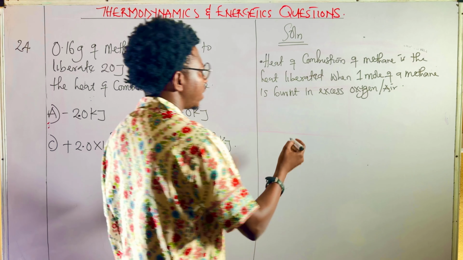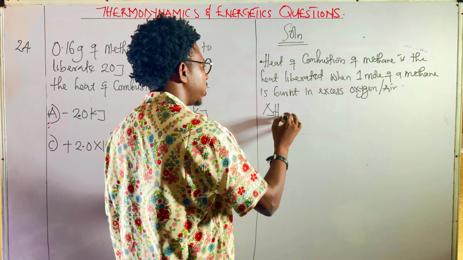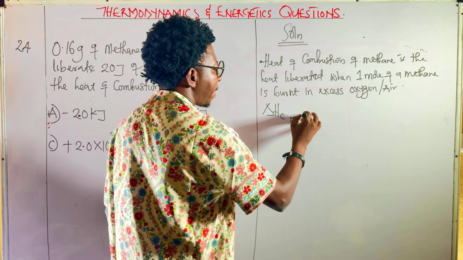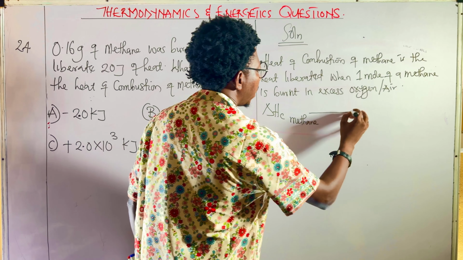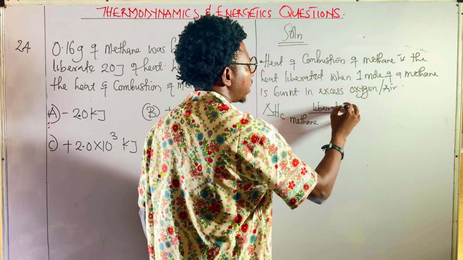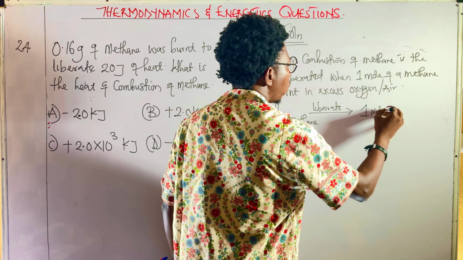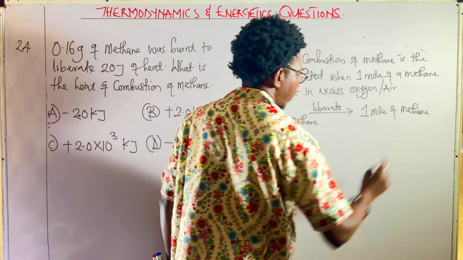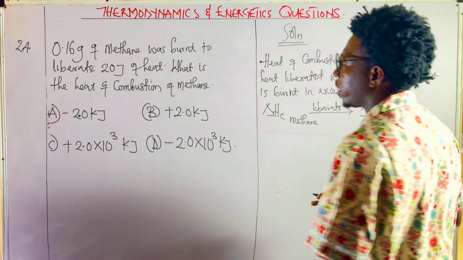To represent this, we say it is what? Delta HC. Heat of combustion of methane is the heat liberated when we burn 1 mole of methane. Now, go to the question very well.